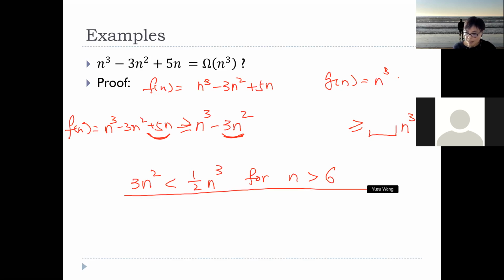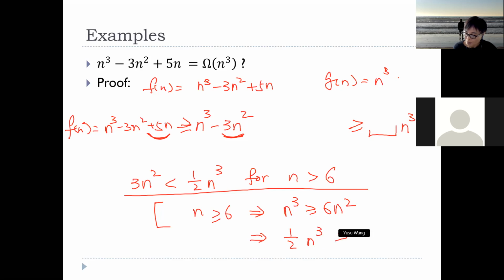Why? Because for n bigger than 6, just to prove my statement, if n is bigger than 6, that means that n cubed is bigger than 6n squared. I'm just multiplying n squared on both sides, which means that 1/2 of n cubed is bigger than 3 times n squared.